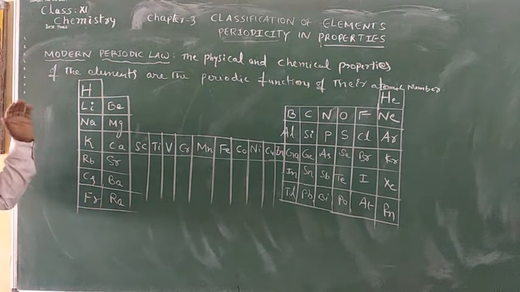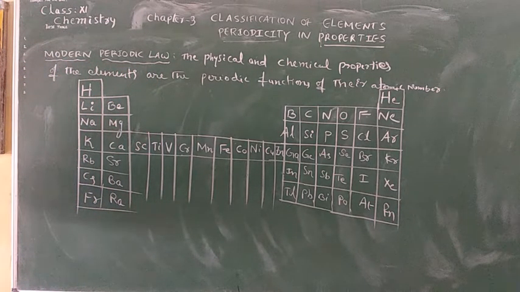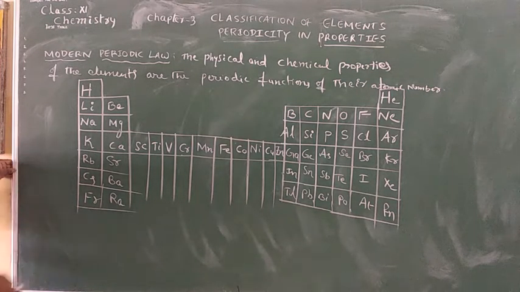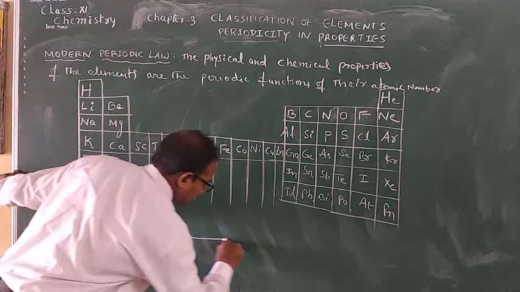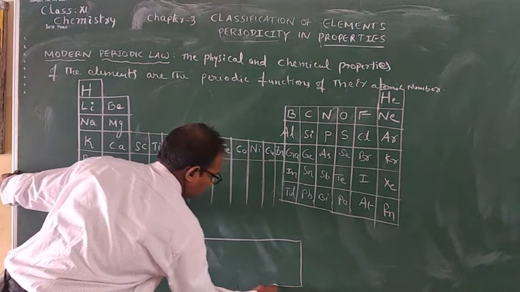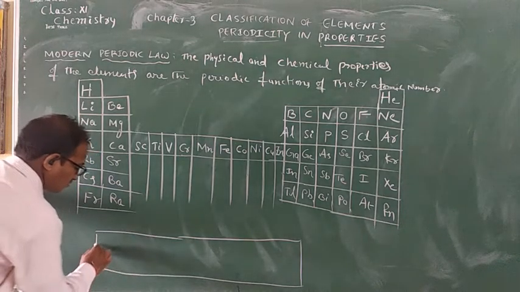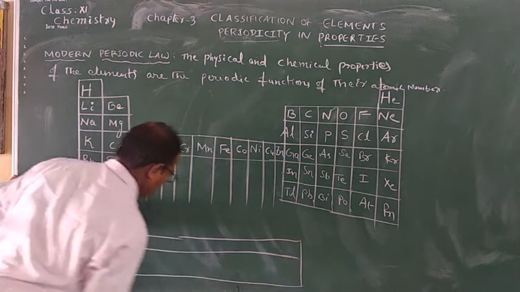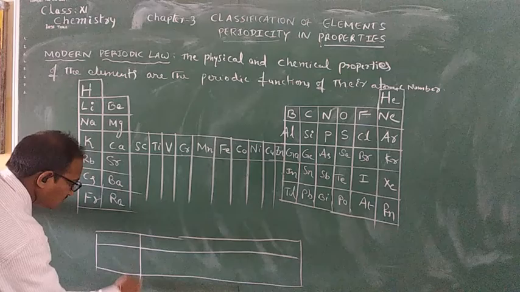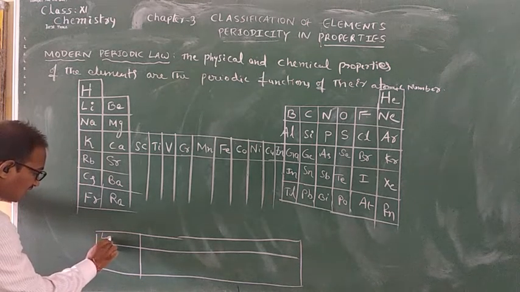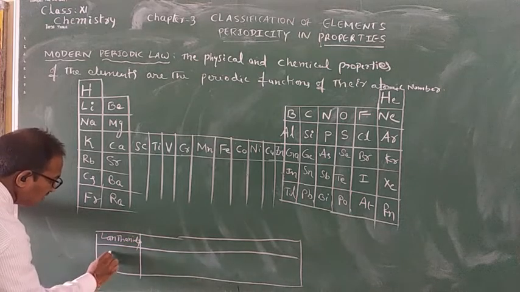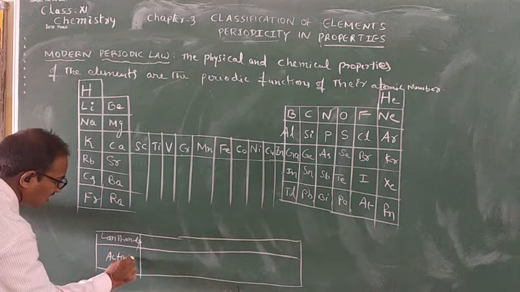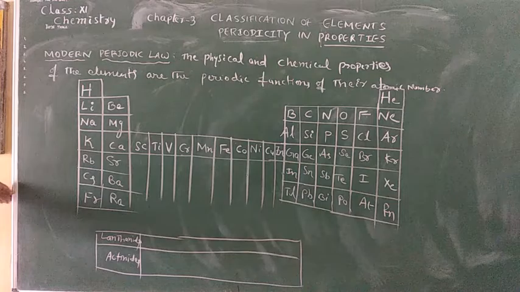And how these elements are classified, we are going to see now. If you look at the modern periodic table, at the bottom you can also see two horizontal rows: one is lanthanides and the second one is actinides.